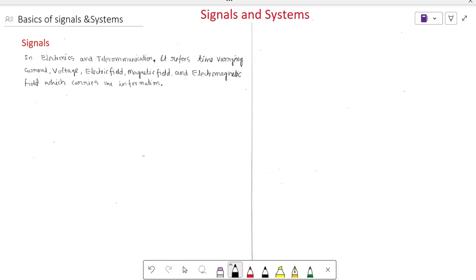So it's also a signal, it is a function of time. That's simple. Just remember, a signal is nothing but a function of time. So we can write it like x of t.